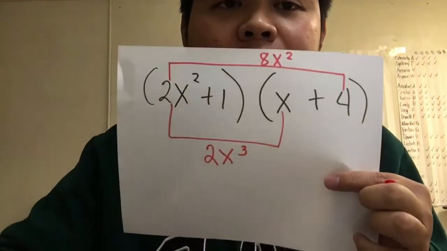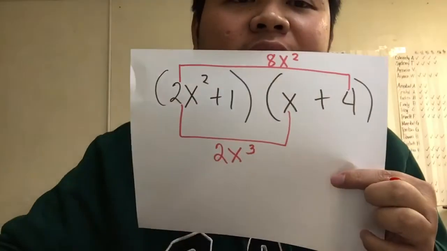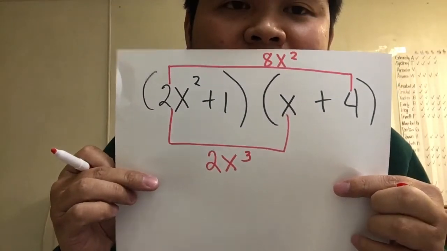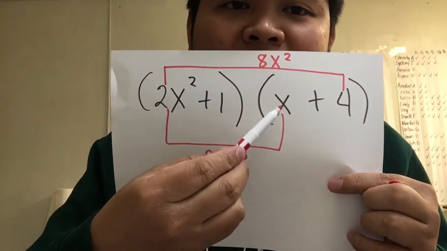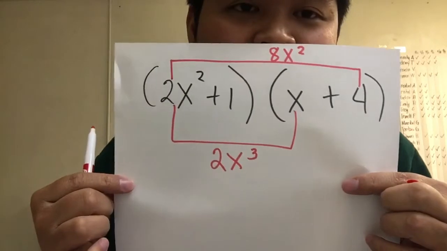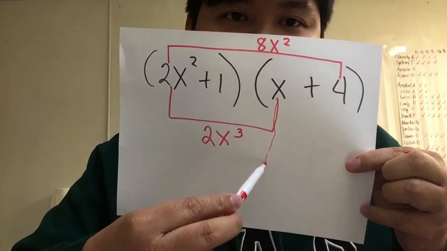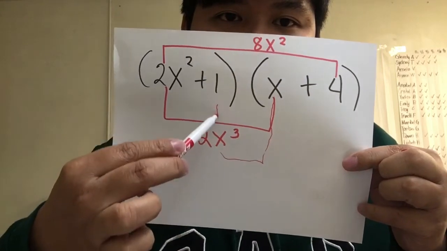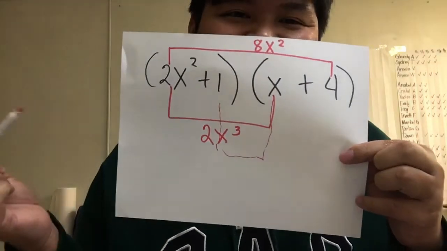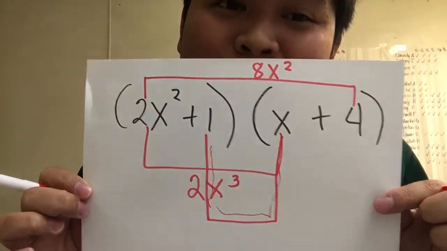Next, we have inner, or inside. What are the two inside? We have x and 1. So we create an arrow. What's 1 times x? 1x, or just x.